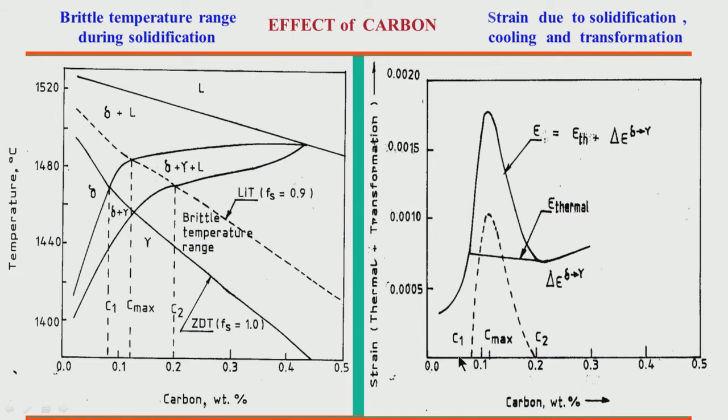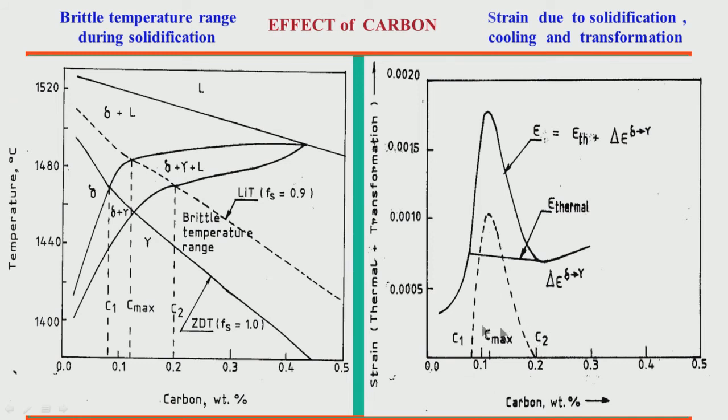That means less than C1 this particular transformation has no consequence, and above C2 it is of no consequence because it is forming above this brittle temperature region. But within the brittle temperature region, this delta to gamma transformation is a matter of concern, as I have told you, and the maximum is at a value near 0.1% carbon, C max.